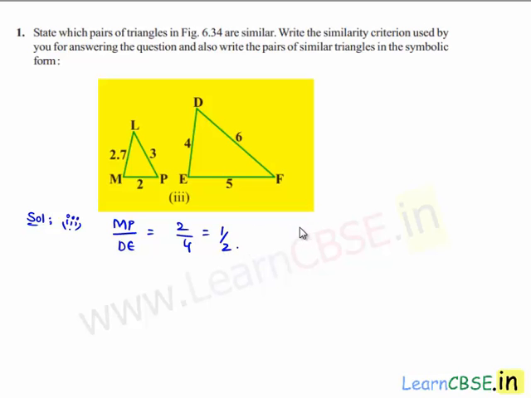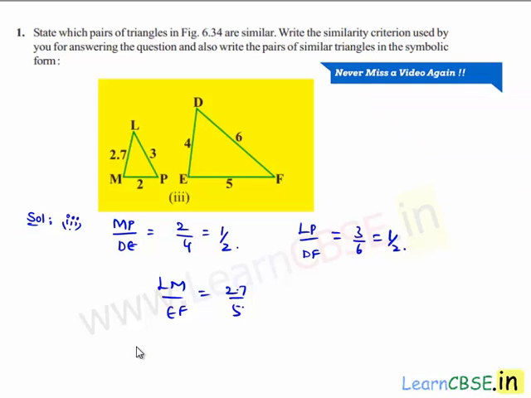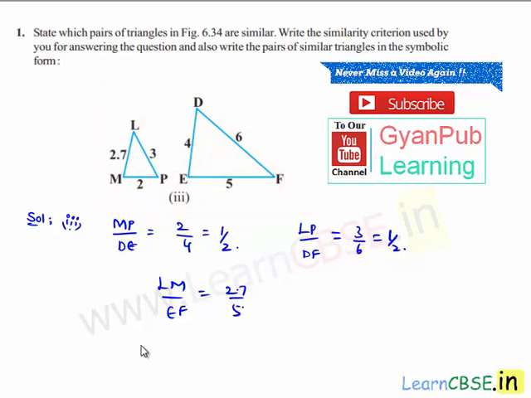And also if we consider the ratio of sides, that is LP by DF, which is equal to 3 by 6, nothing but half. And here LM by EF is equal to 2.7 by 5. Here only two corresponding sides ratio is in proportion. So we can say that the given triangles are not similar.